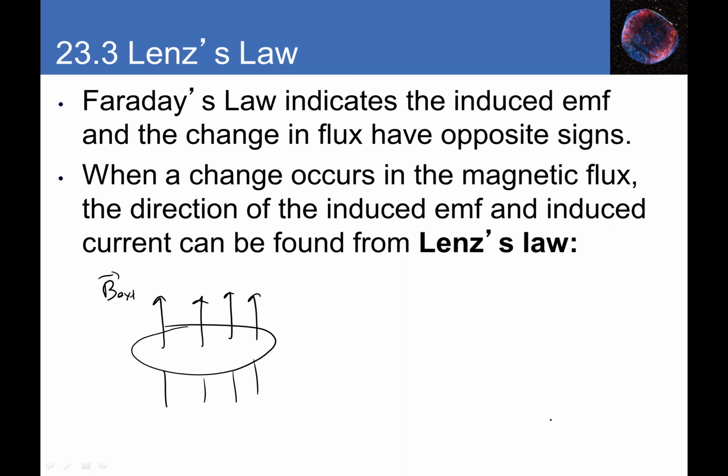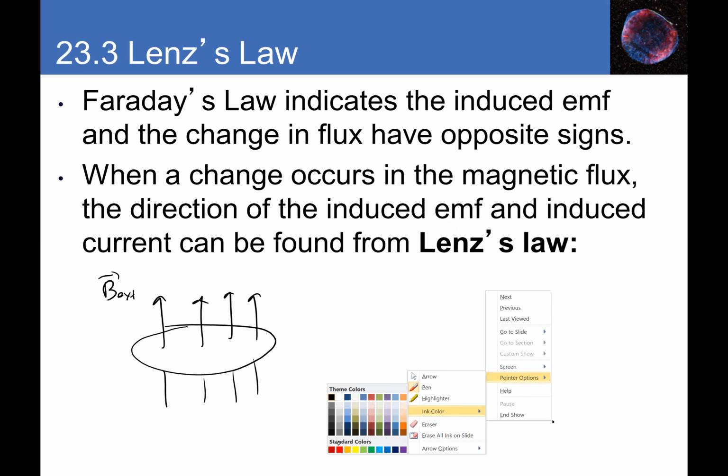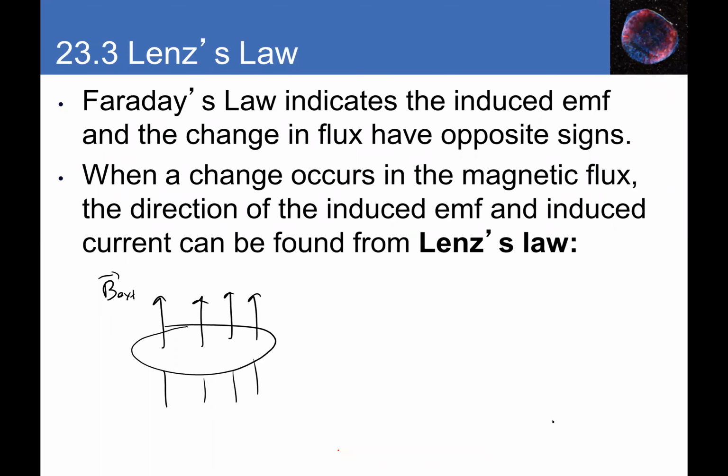Now, this is similar to the very first experiment. If you have a loop and there's a magnetic field, I can find the flux, which is B times A in this case. It's a non-zero flux.